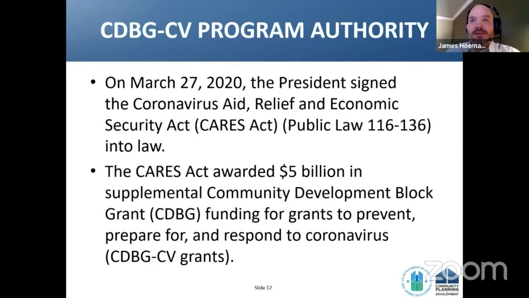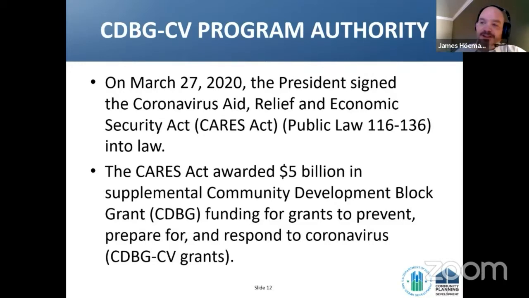So now we can talk a little bit about the CARES Act and how CDBG-CV came about. If you rewind your memory way back to March of 2020, which seems like a long time ago, well, it's been almost 2 years now, that is when the CARES Act was signed into law. It's been interesting for us in the Office of Block Grant Assistance.